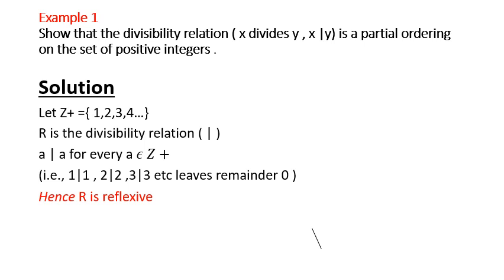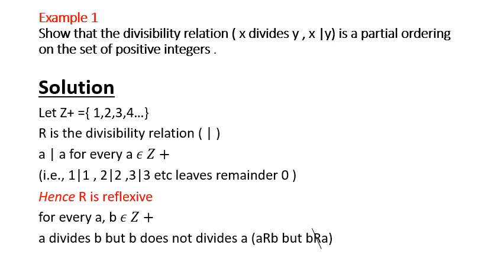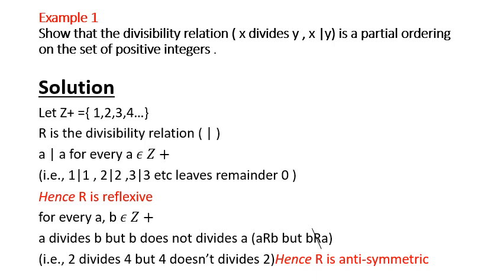So that means we are able to find only ordered pair ABs there. We are not able to find ordered pair BAs. So for every A, B element of Z plus, A divides B, but B does not divide A. That is A related to B, but B not related to A. Hence R is antisymmetric. One example is, 2 divides 4, but 4 doesn't divide 2. So we can say that R is antisymmetric.